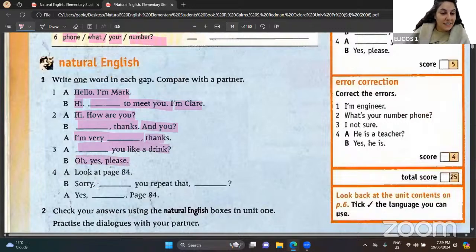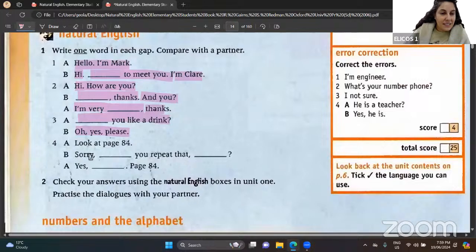Oh, yes, please. This is sorry. Can you repeat that, please? Yes. Do you remember the word? Yes, sure. Or yes, of course. Oh, yeah, certainly.